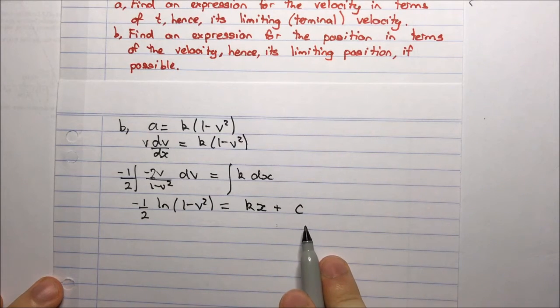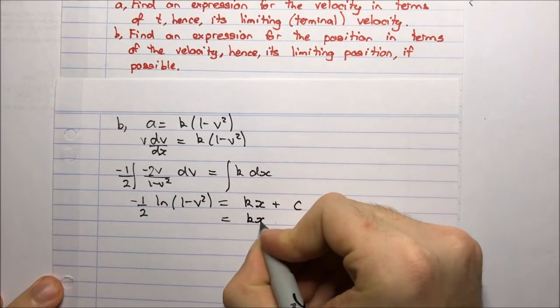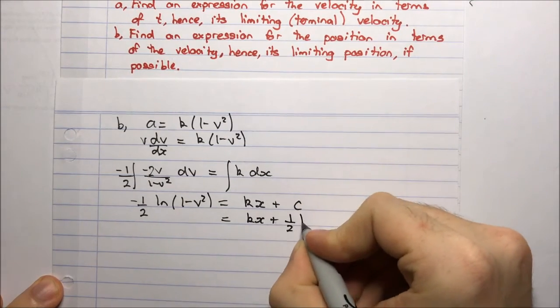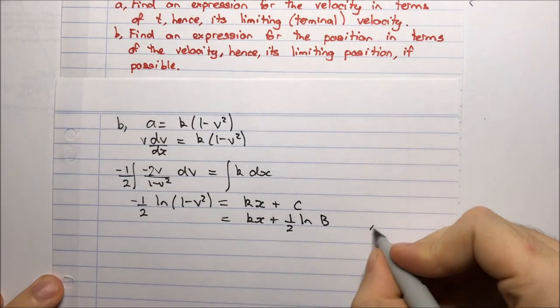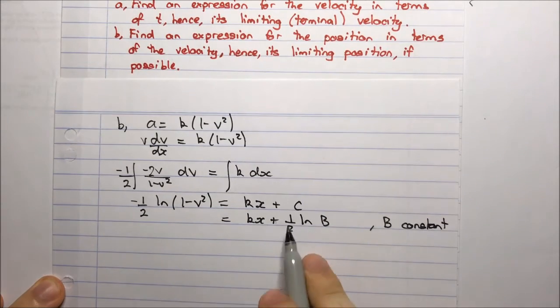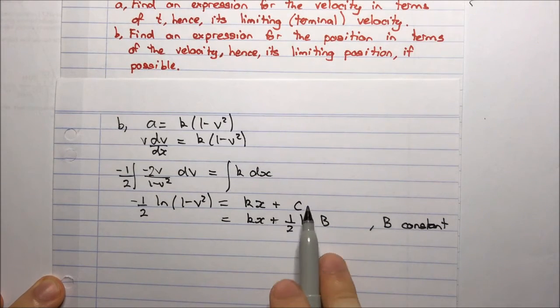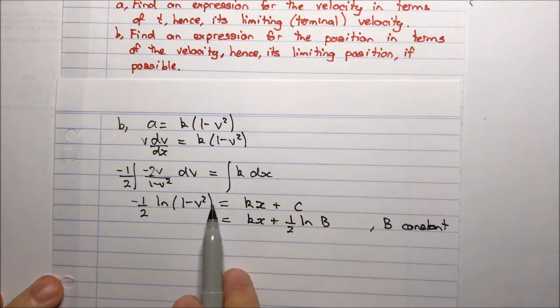Now again, I'm going to use the same trick as I did in the previous part. I'm going to write this constant in a certain way. I'm going to write it as kx plus a half log of b, maybe this time we'll use the letter b. So b here is just a constant. And again, a half log b is just a constant because c is just a constant. It's just a convenient way of writing this so that I can combine it with this expression here. So if I move this over, I'll have -1/2.